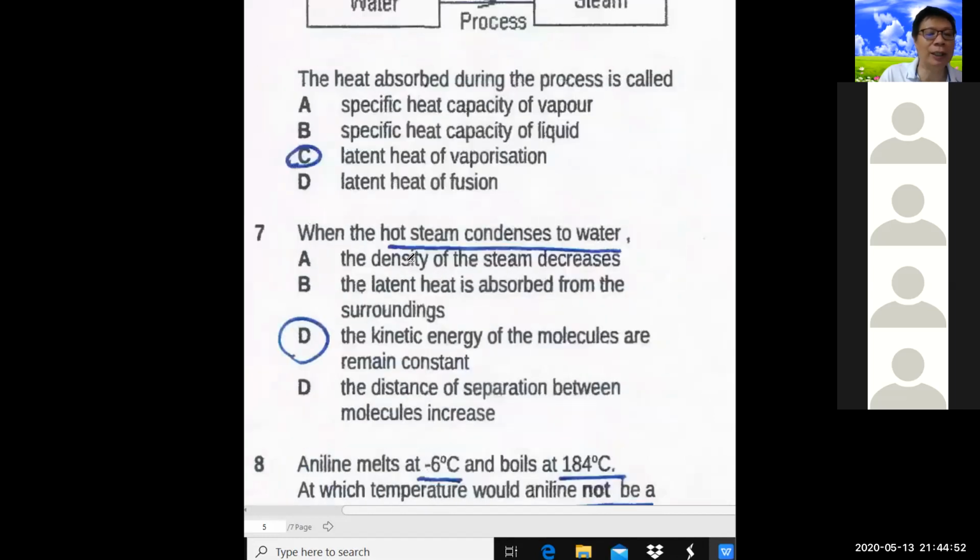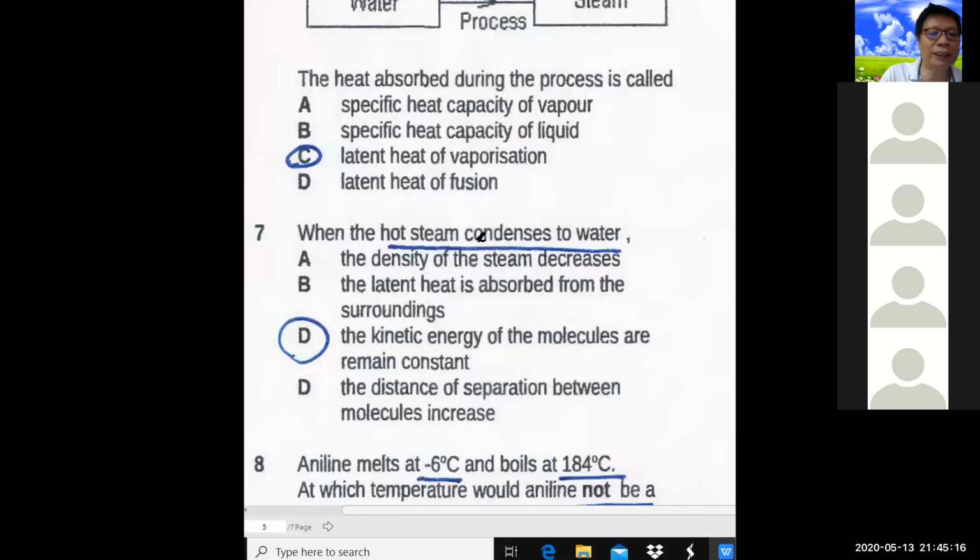Number 7. When the hot steam condenses to water, we have just learned this, right? Like using steam to cook fish. Condensation means releasing heat.